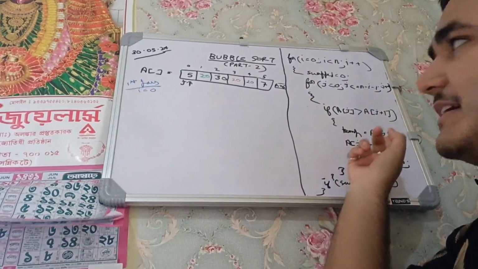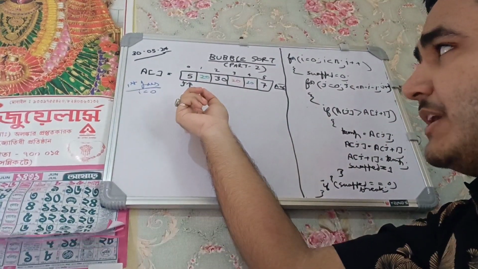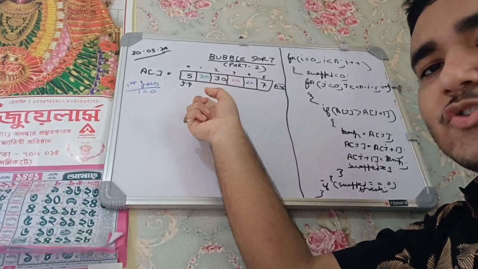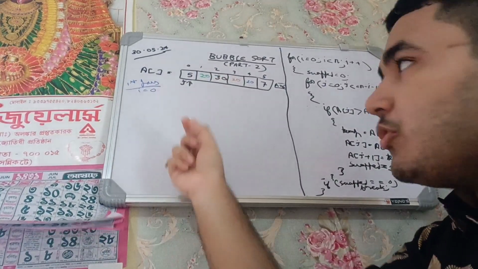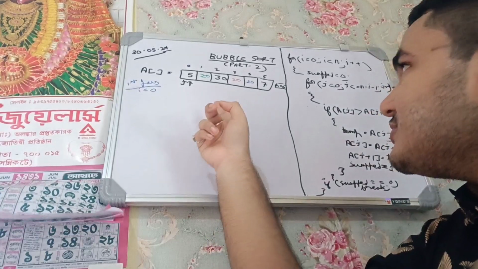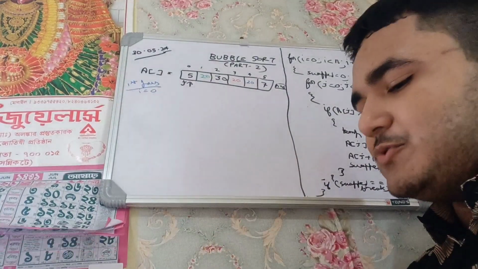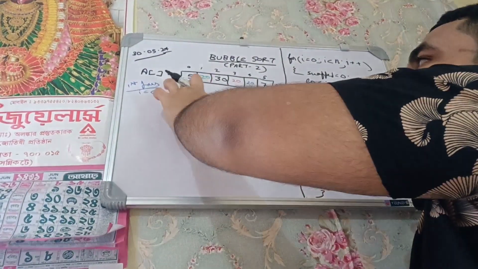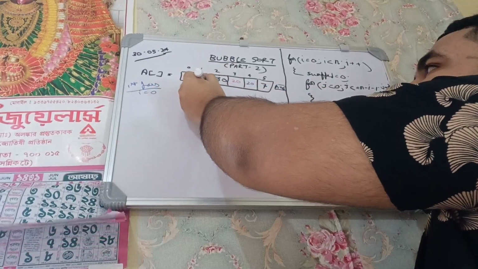If a of j greater than a of j plus 1, is 5 greater than 20? No. So they are at their correct position, so no swapping required. j moves to the next index.